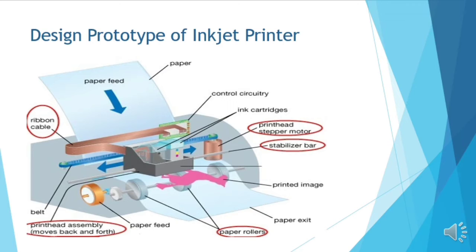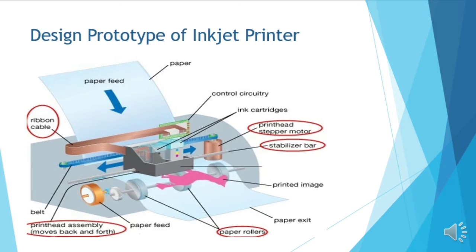print head stepper motor, belt, and stabilizer bar, where paper feed assembly consists of paper feeder, the rollers, paper feed stepper motor, control circuitry. So what is the function of the parts in the inkjet printer?